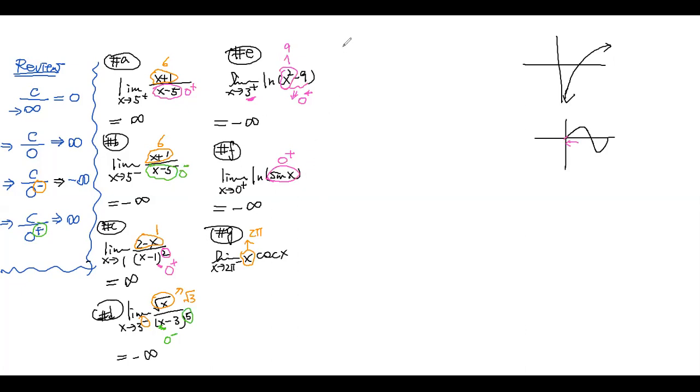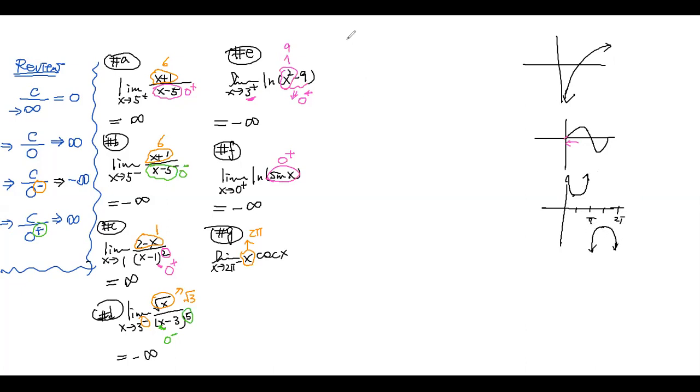Let's take a look at cosecant x here. If you still remember cosecant x, you need to know your trig functions, right? So this is pi, this is 2 pi, and this is the cosecant function, right?